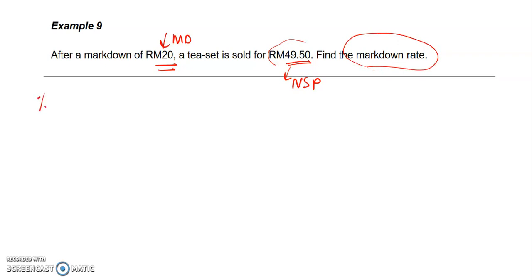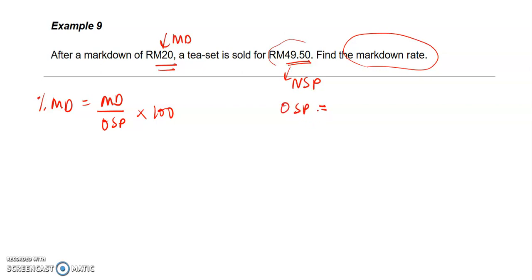So to find the percentage of markdown, the formula is markdown divided by original selling price multiplied by 100. But now we still don't have this value, the original selling price. So we need to find the original selling price first.